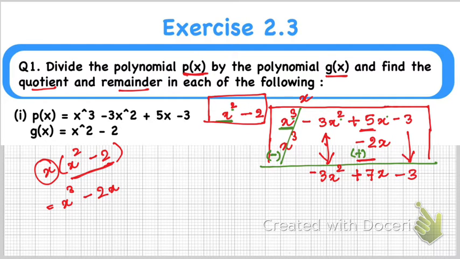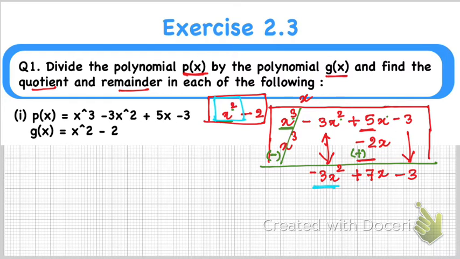Till now it's clear. I am erasing this rough part. Now again the first term is x square, and here also we have x square. So multiplying this x square with minus 3, you will get minus 3x square.